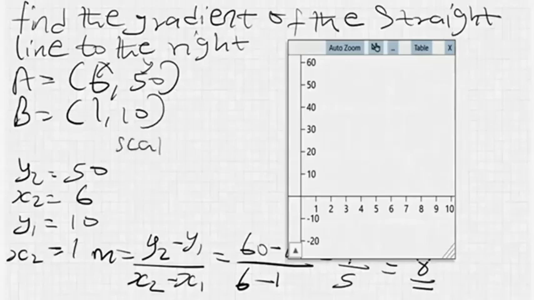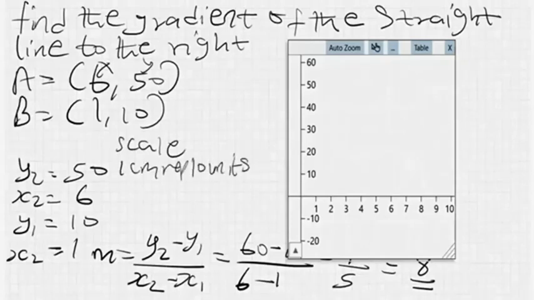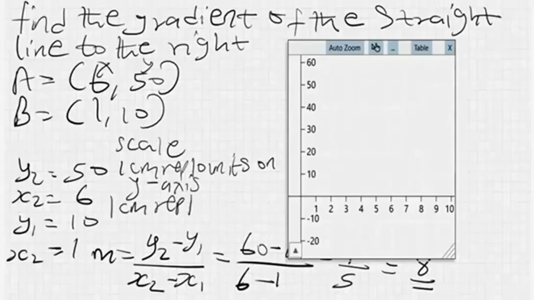The scale I use: 1 cm represents 10 units on the y axis, and 1 cm represents 1 unit on the x axis. So that's the scale of this graph.